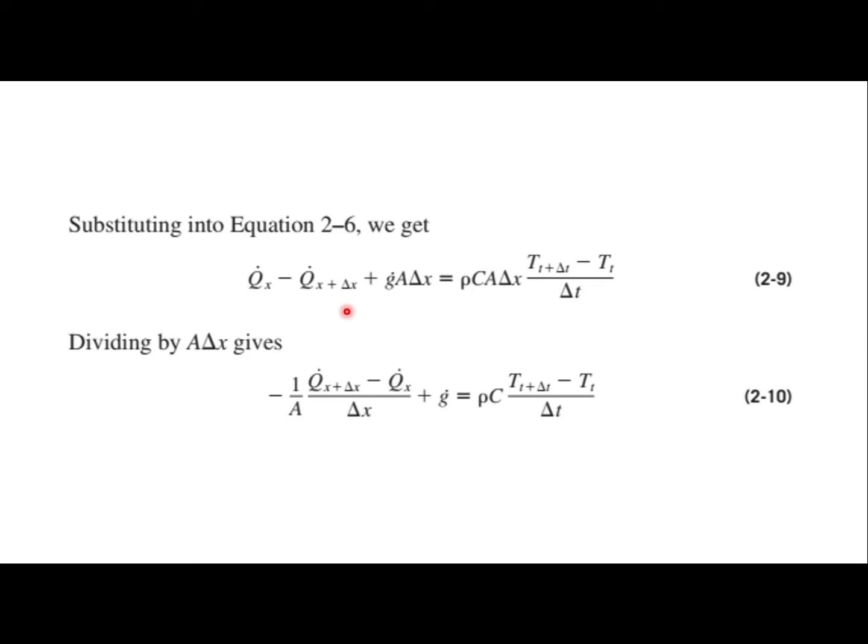So when we rearrange this part, it will become qx plus delta x minus qx. Here the negative sign comes outside. The simplification of the equation will become the form of equation 2.10.